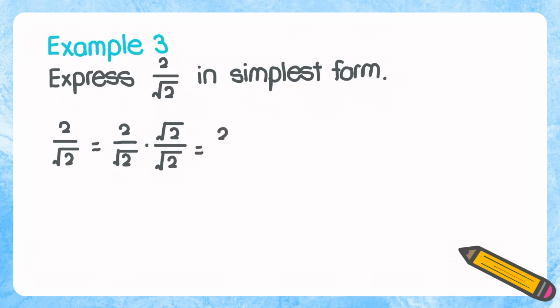This will equal 2 times the square root of 2 over 2. And I can reduce this by removing that 2, and I'm left with the square root of 2. So in this case, we reduced all the way to the square root of 2.